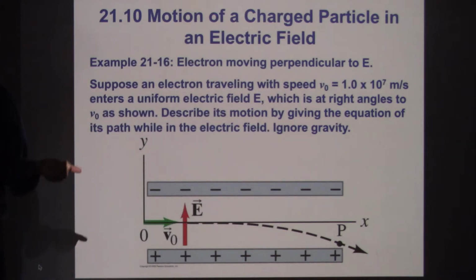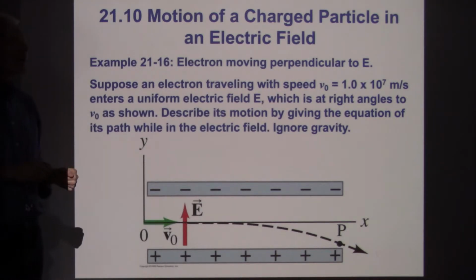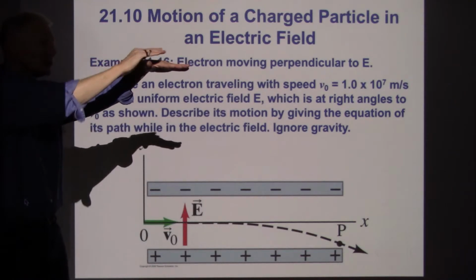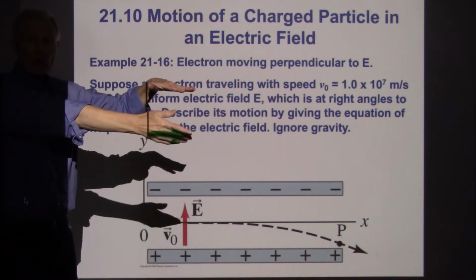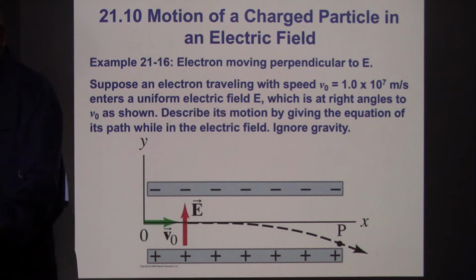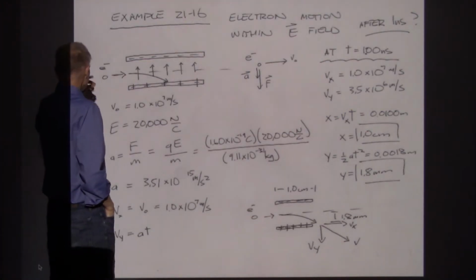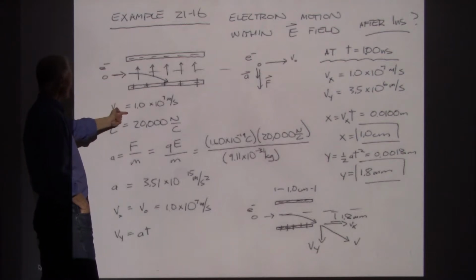If you think back to chapter 3, we had projectile motion. We had a cliff and we launched something off a cliff and gravity would curve the path. Well, the same thing's going to happen here. So the electrons are being introduced at a certain speed into this electric field.